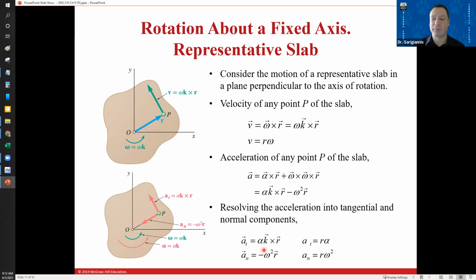Our tangential component is A K cross R, and that just turns out to be R alpha. Oh, I'm sorry, I should specify alpha. Alpha is the angular acceleration. Sorry about that, they look too close on the slide. This is A, your acceleration vector. This is alpha, your angular acceleration. And your normal acceleration is just your angular velocity squared times the vector R.